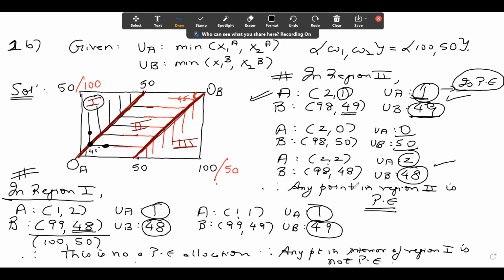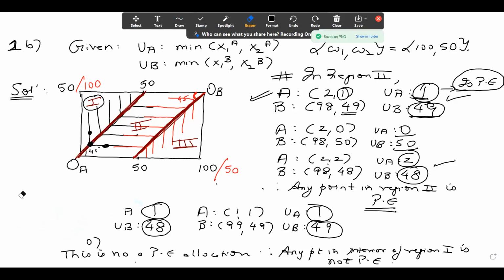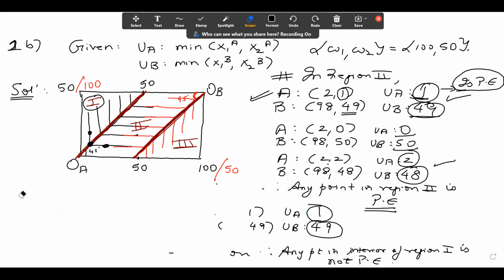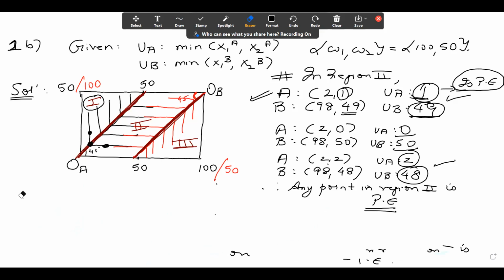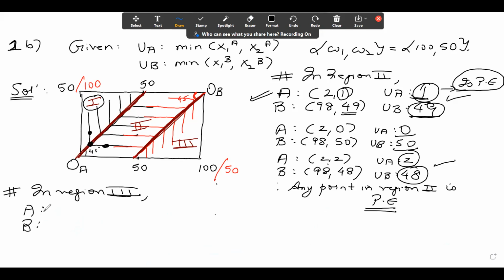Okay, take any point in region 3. I erase this particular part off. Let's take up a point in region 3 and verify whether it's Pareto efficient or not. In region 3, if you turn your pages to B's origin, what would a point look like?